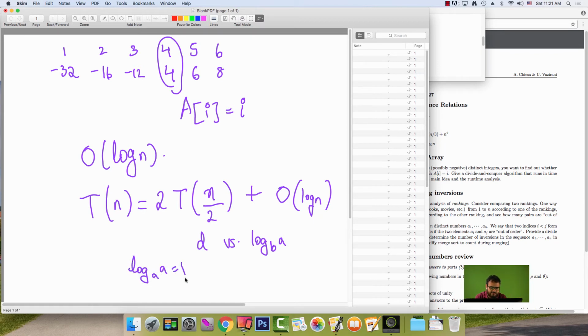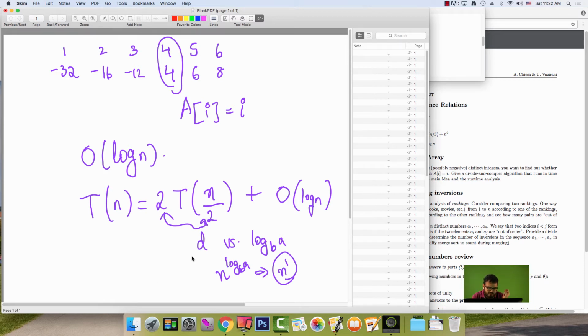So if a and b are the same, then you're going to get a 1 here. And remember, master theorem says that the answer is this, which gives n to the power 1. So we also cannot have something where these two are the same. So as in, we can't break into two problems that are each of size n over 2. So we need to really think about what our recurrence relation needs to look like. And I think that really helps.